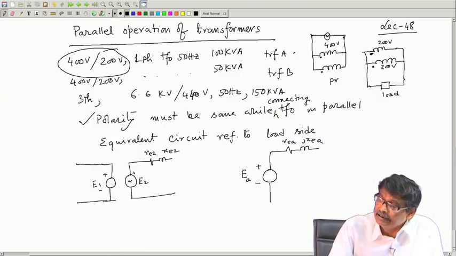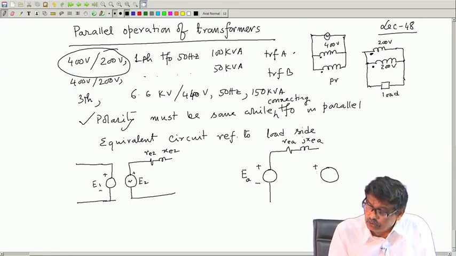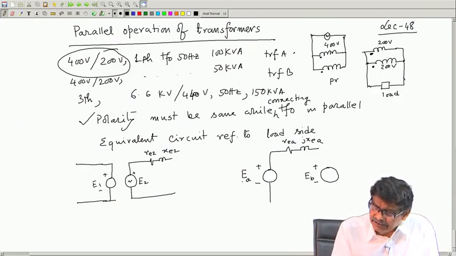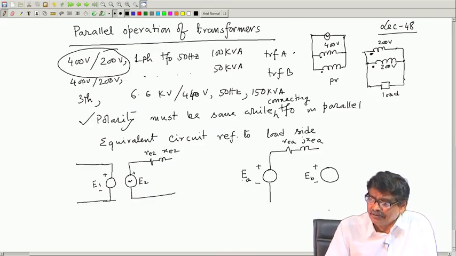I have paralleled it with respect to the terminals available. Similarly, the second transformer, I will only consider two transformers, E B. Mind you, this is the secondary voltage. If you want to write 2, you can write, but this I will avoid. Otherwise, I have to carry that too.